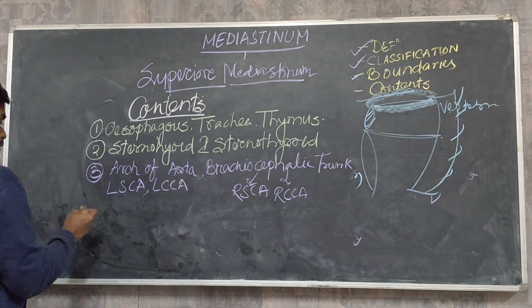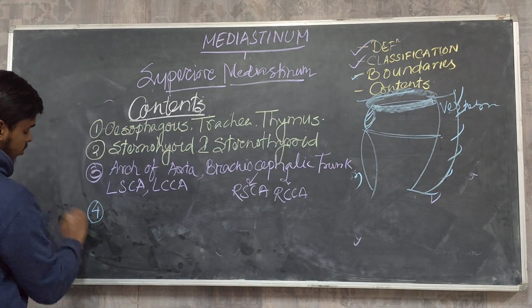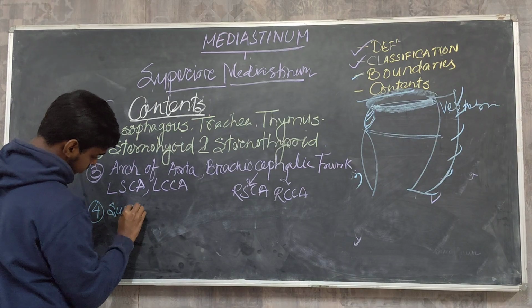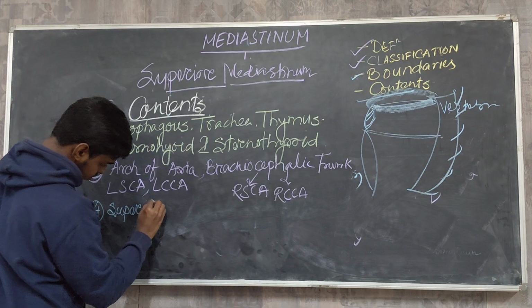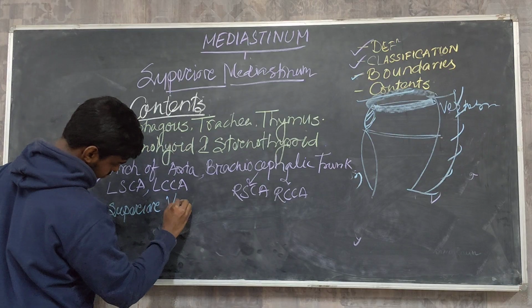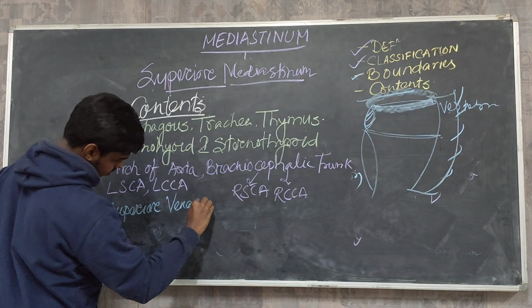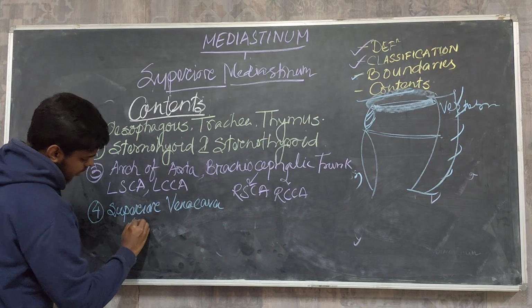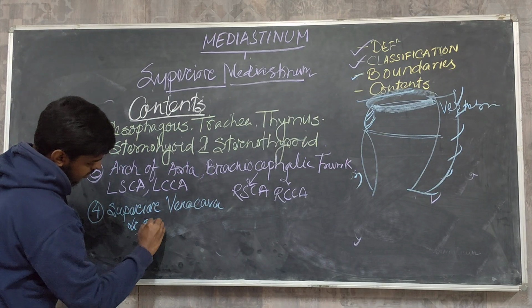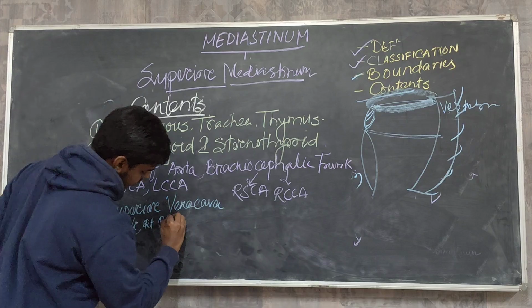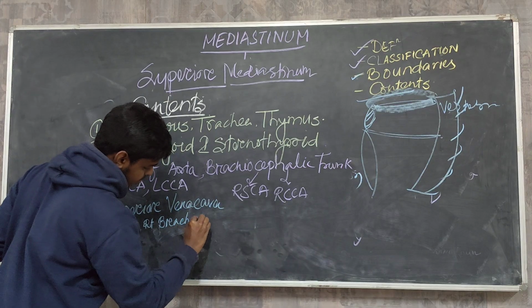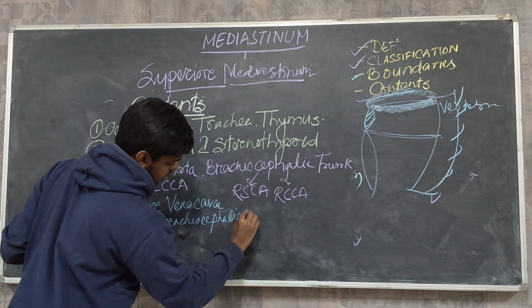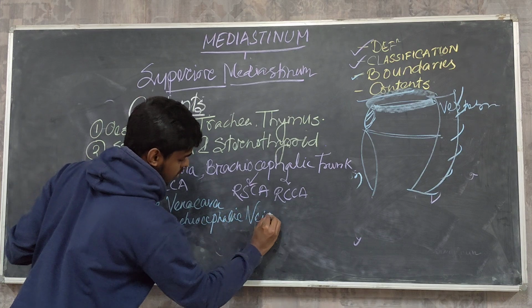Then there are some veins that also pass through this part. One is the superior vena cava, and the left and the right brachiocephalic veins.